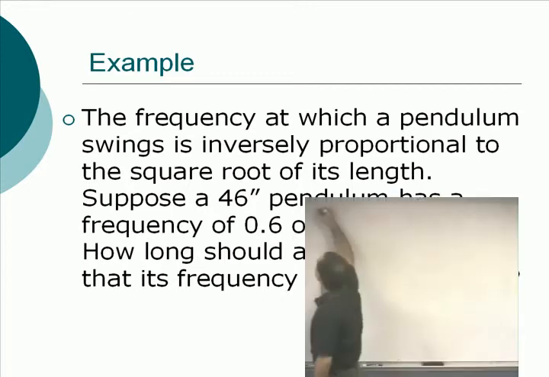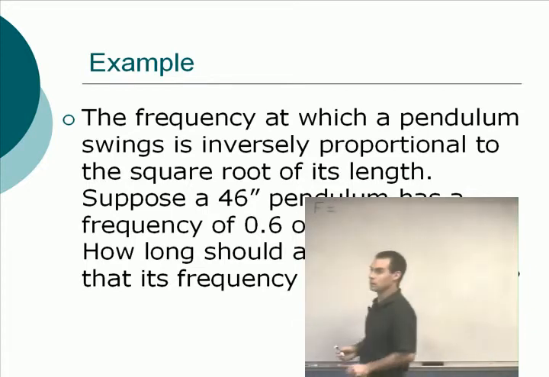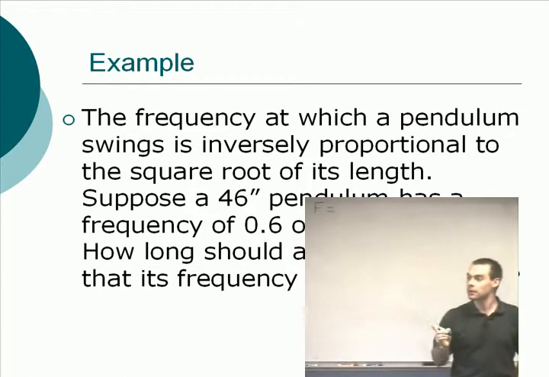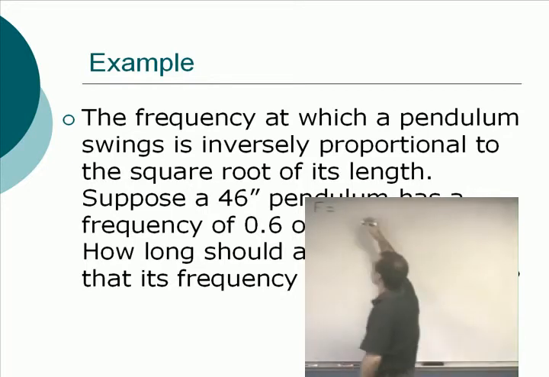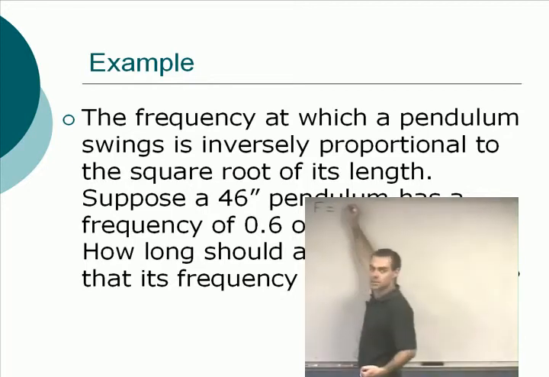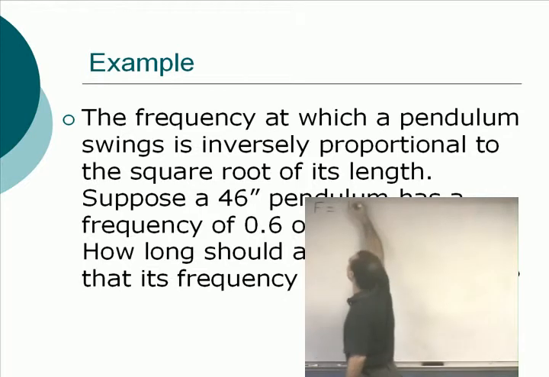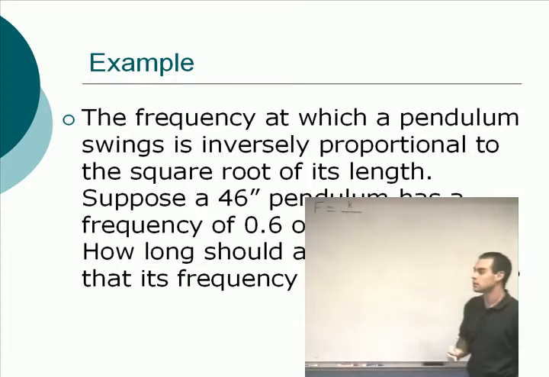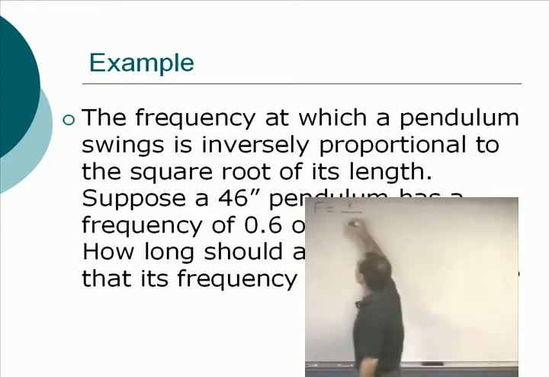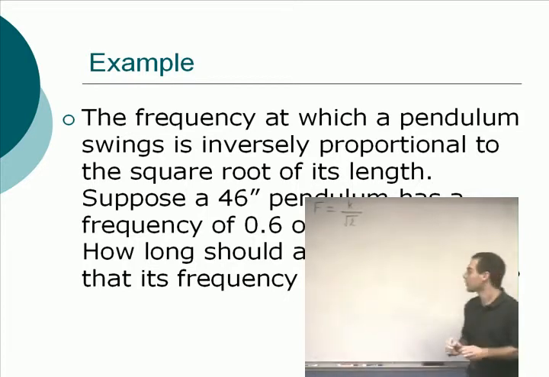We can say that the frequency F equals... inversely proportional tells you what? K over, exactly, K over. Directly proportional says K times, inversely proportional means K over. Inversely proportional to the square root of its length. So there's our relationship.